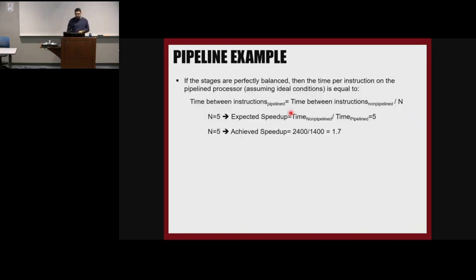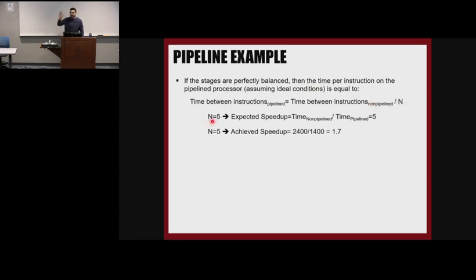Now, let's do some analysis here. We had this equation. If stages are perfectly balanced, the time per instruction on the pipeline processor is equal to the time between instructions in non-pipeline divided by n, right?